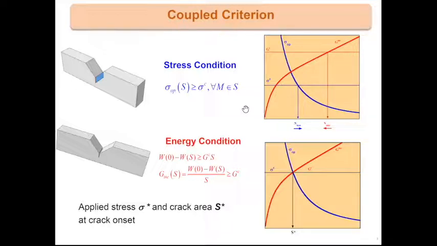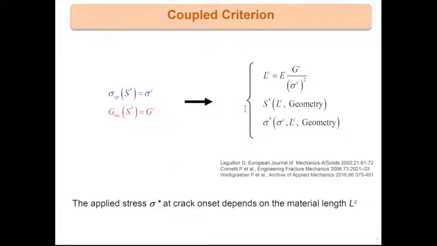I will show in the following slides that combining these two conditions naturally introduces a material length. I will call it LC here, which is the fracture energy divided by the square of the strength.